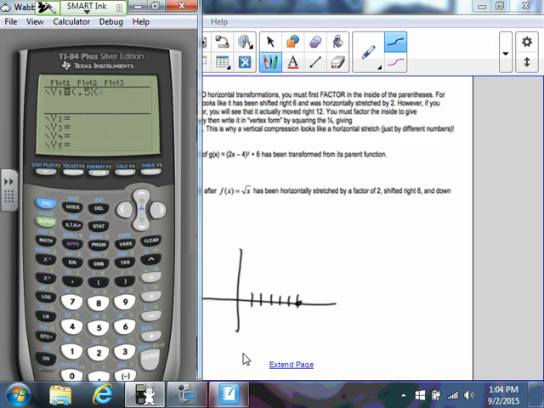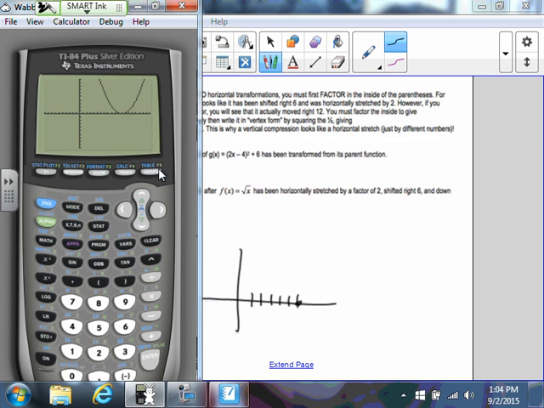X minus, what did I have, 6? Yeah, squared. I'm just going to do zoom 6, so my standard window. Okay, and I get it over there. So let me move it over a little bit. So in my window, I'm going to go up to an X max of 20.